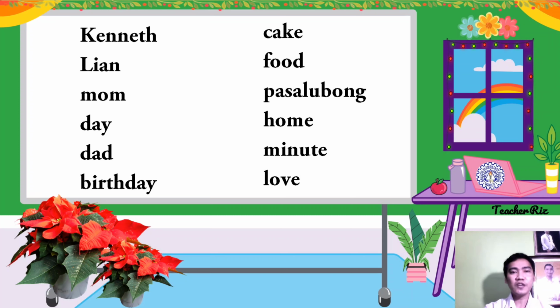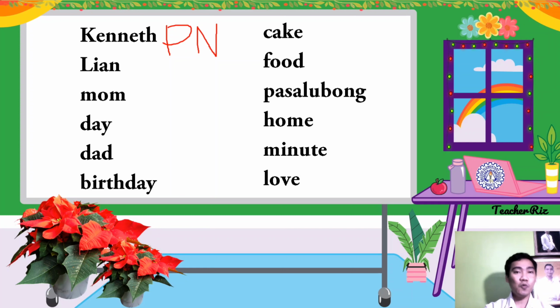If you can observe, we have Kenneth, Lian, mom, day, dad, birthday, cake, food, pasalubong, home, minute, and love. Alright, so let's check your answers in categorizing the following as common noun and proper noun. Kenneth, okay, proper noun. So let's have a random one.